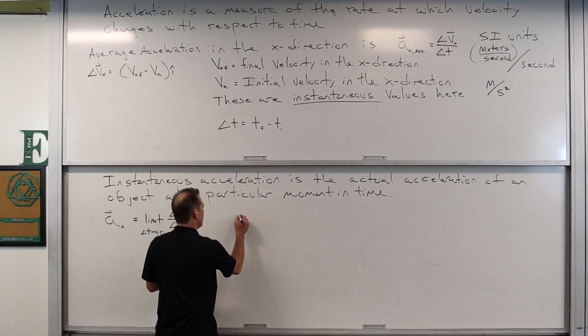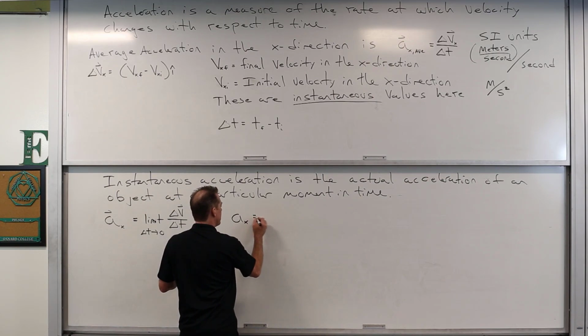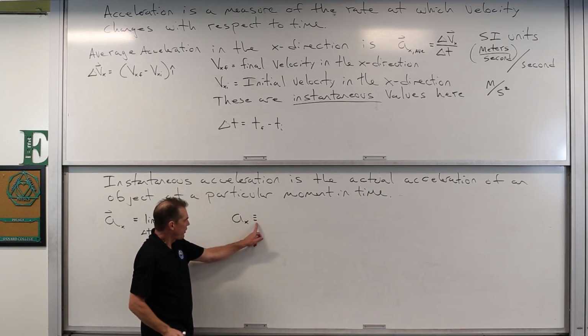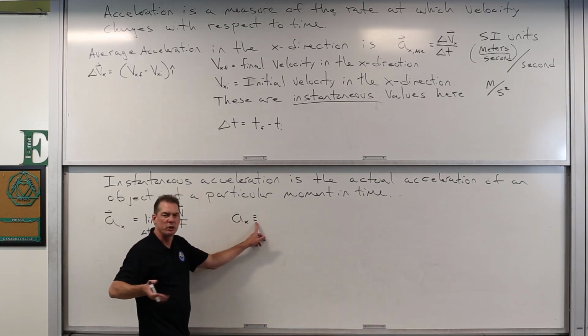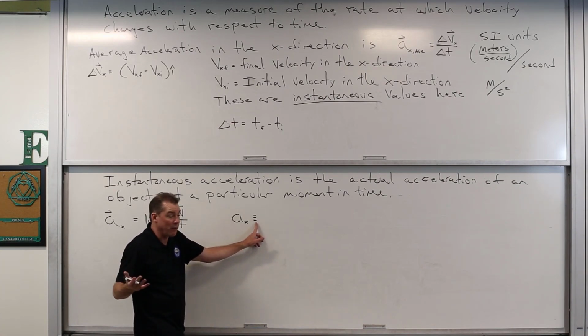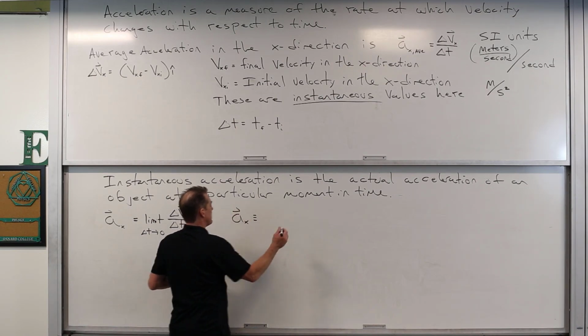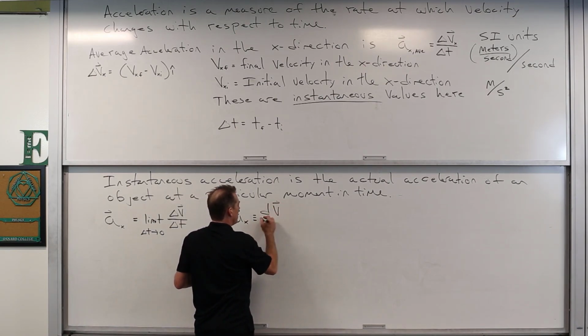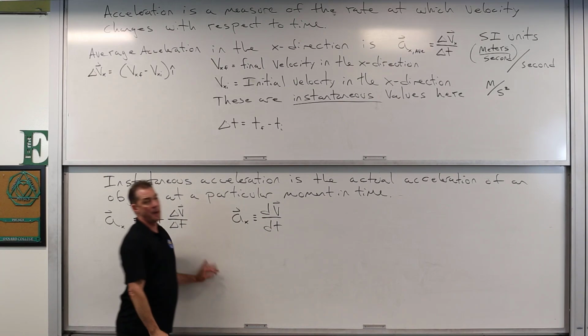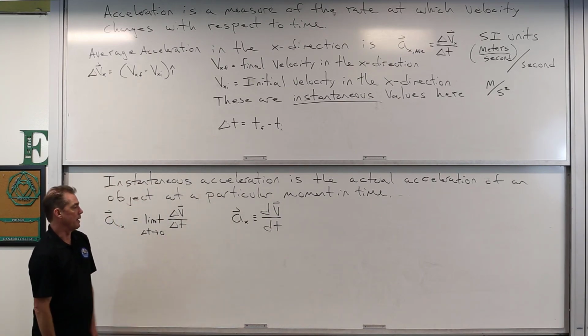So truly, a sub x is defined as, again, those 3 hash marks mean equal to, but they also mean is a standard definition, or is the definition of. So a sub x is defined as the first time derivative of velocity, calculus-wise.